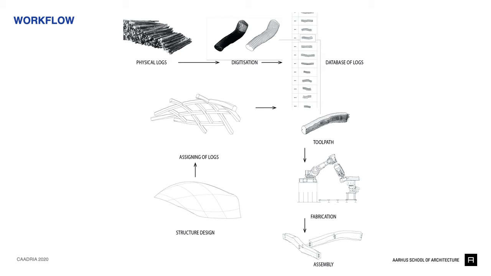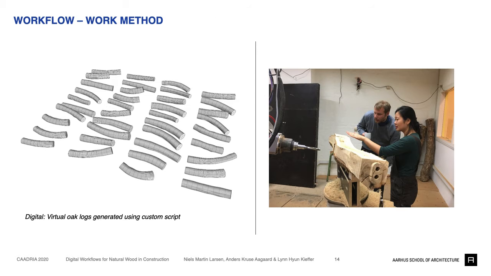A custom script distributes the material in the structure, and toolpaths for the robotic fabrication of each member are automatically generated. We use computational simulation and physical testing to develop the workflow.